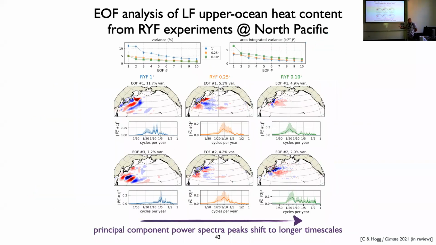So to do that, we take output from these repeat year forcing experiments, and we do an EOF analysis for the 3 resolutions. And here I show you some examples from the North Pacific.